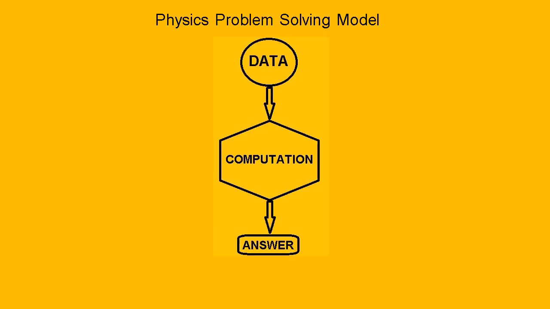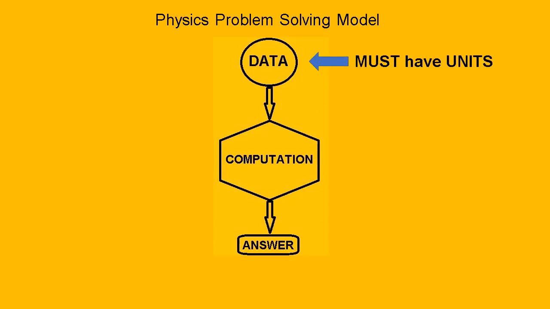Now here we have a model, a diagrammatic model of problem solving in physics. You start with data, and the data is manipulated in some kind of a calculation, and then you come out with the answer. Very simple model.